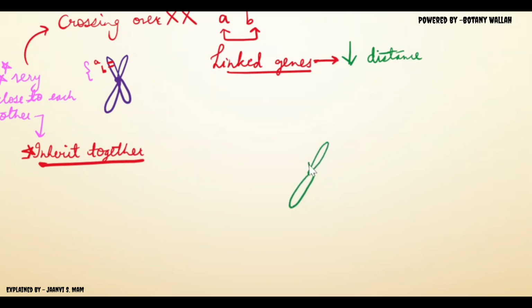Suppose this is the chromosome, and this is E and this will be F. You can see the distance between these two genes is higher. If the distance is higher, the genes are very far from each other, which means they are not linked and the bond is not stronger.